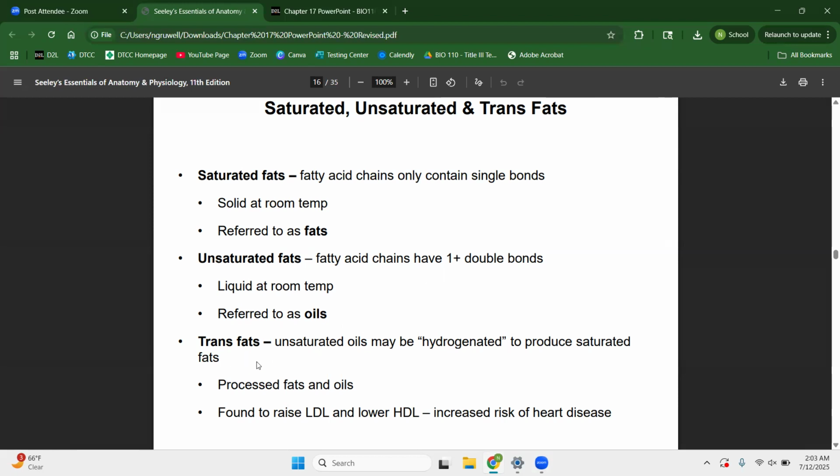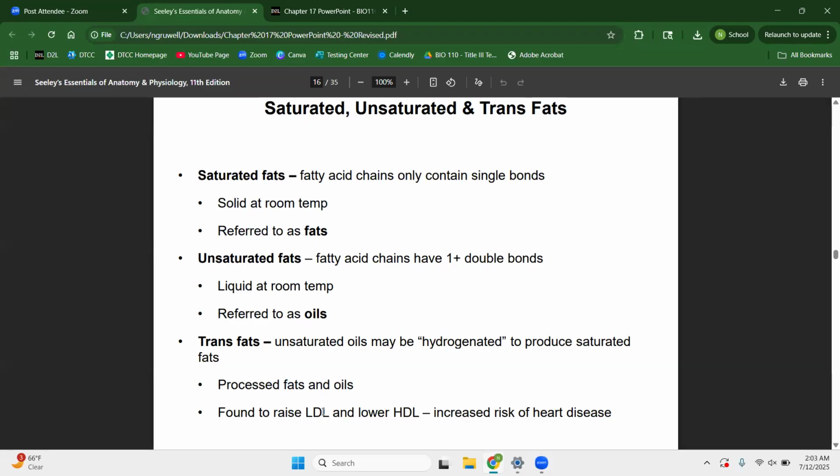Trans fats are the ones we really want to avoid. Our unsaturated oils can be converted through a process called hydrogenation, and that makes our unsaturated oil a saturated fat. The reason we want to avoid these is that they're found to raise LDL, low density lipoproteins.